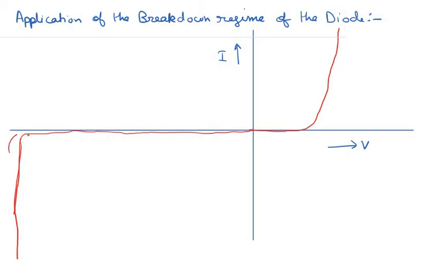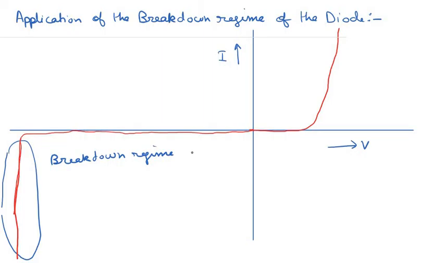As I stated earlier, the diode doesn't obey the Shockley equation or the diode equation in this regime. So this is the breakdown regime of the diode. Let me write it here. This regime is the breakdown regime of the diode.